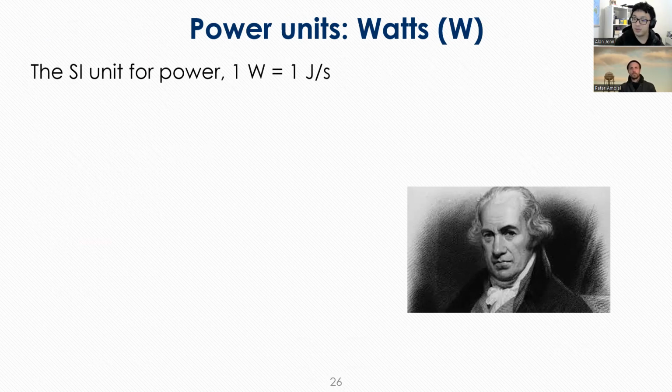So if you think back to the original slide with watt hours, that's where the 3.6 kilojoules comes from, because 1 watt hour is simply 1 joule per second over the course of an entire hour, and there's 3,600 seconds in an hour, and so that's where that number comes from.